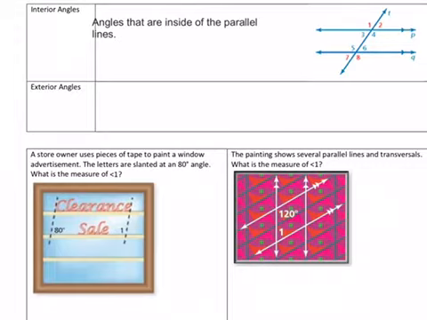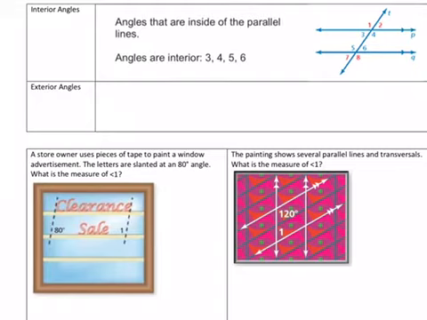The interior angles are angles 3, 4, 5, and 6. You can see that they're inside of those two parallel lines. They kind of house them in there. So those are the interior angles.